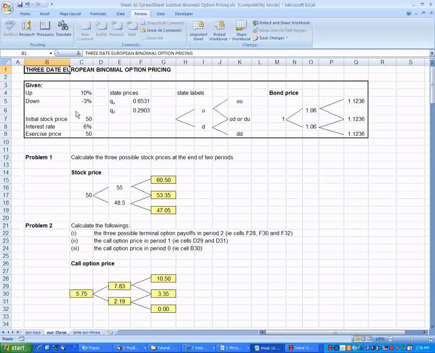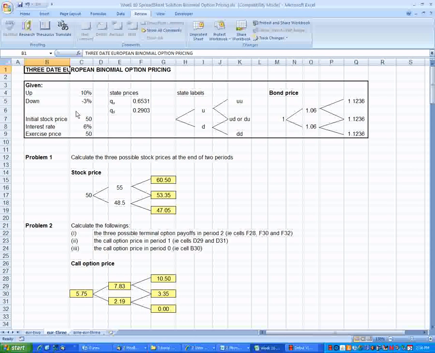Welcome to the second worksheet in the Week 10 Binomial Option Pricing workbook. In this worksheet, instead of looking at a one time step ahead, two-state binomial tree, we're going to include 2 time steps.